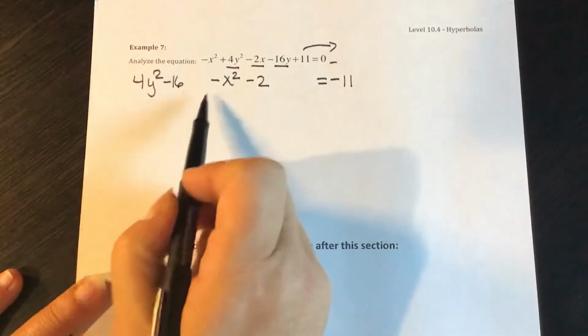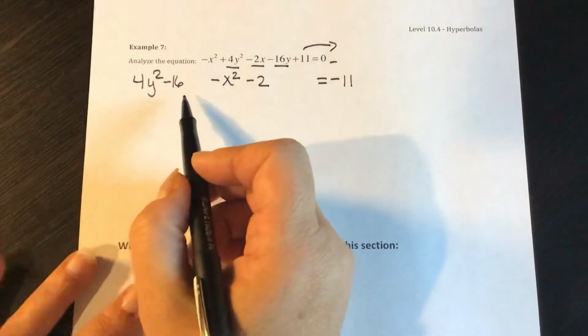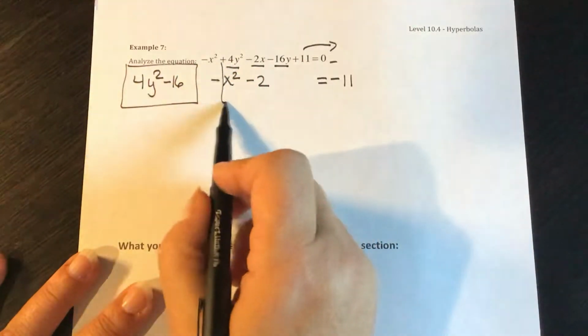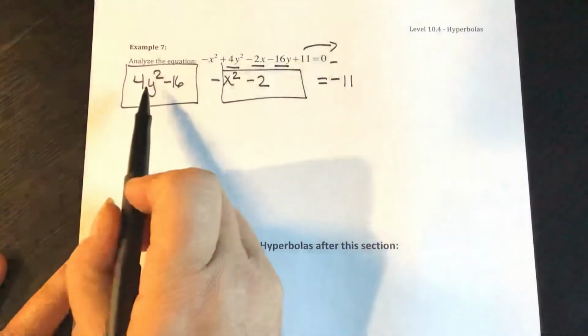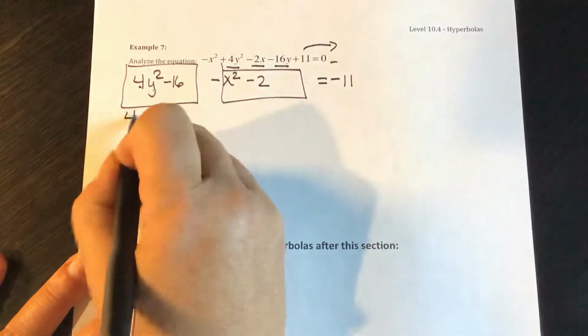So to find the square of the binomial, so we can find our h and k values, I need to complete the squares for both my x squared and y squared terms. Because I have a coefficient of 4, I want to factor that out.